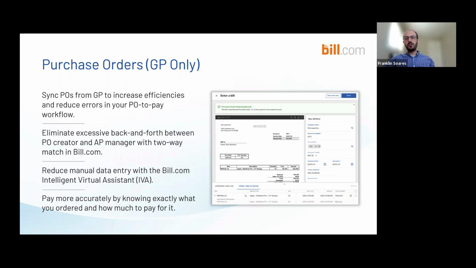So this gives you the easy ability to do two-way matching inside Bill.com and not have to go outside of it. So again, with this technology, it just reduces the manual entry. And then also it just enables you to be more accurate so that way, you're not making mistakes.